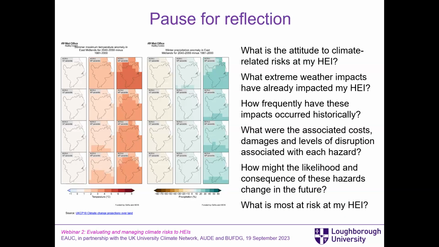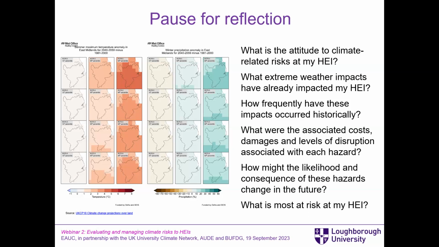So let's just pause there to reflect on that. And I'll open this up for comment or questions, asking you, what do you think your institution's attitude to risk might be? What extreme climate impacts have already happened? How often have these happened in the past?